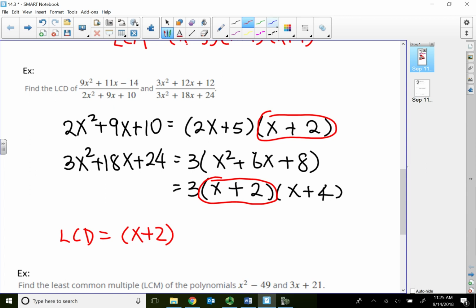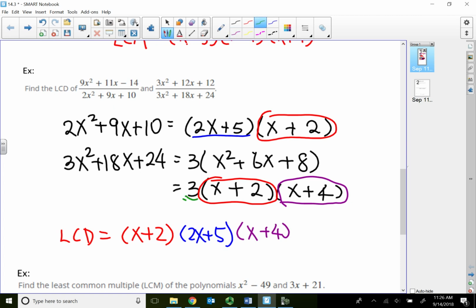The 2x plus 5 did not repeat with the factors of the other denominator, so we count that one time. Down here, this x plus 4 did not repeat with another factor up here, so we count that one time.